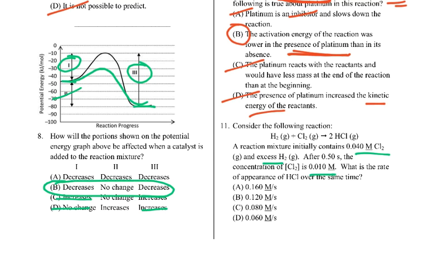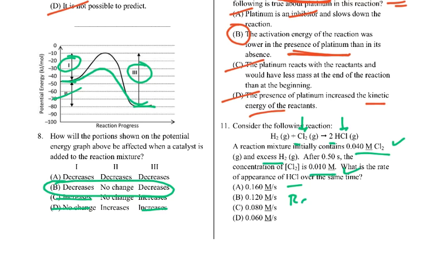We have information about chlorine, but we're asking about HCl. So we are going to figure out the rate of the chlorine going away, and then we're going to change it to the rate of HCl. Since it's a 1-to-2 ratio, the rate of HCl is going to be twice the rate of chlorine. So that's one piece of it.